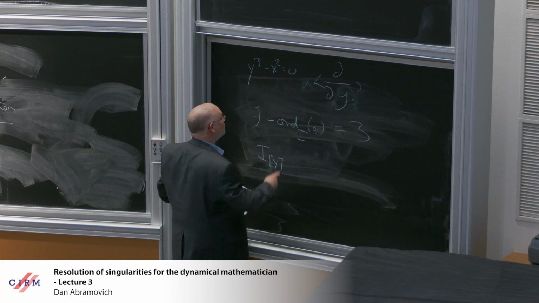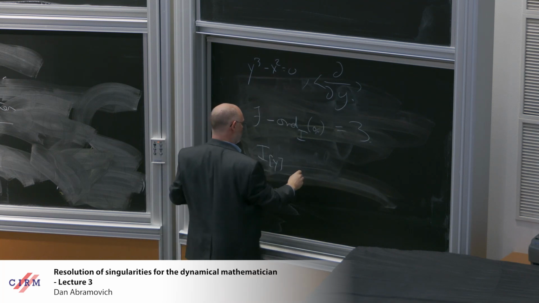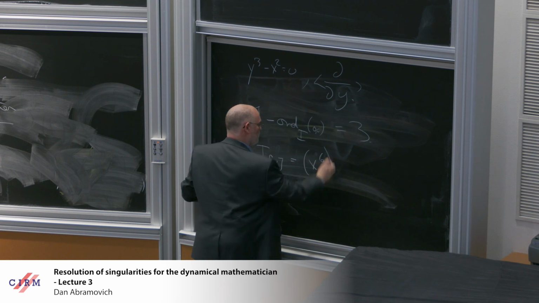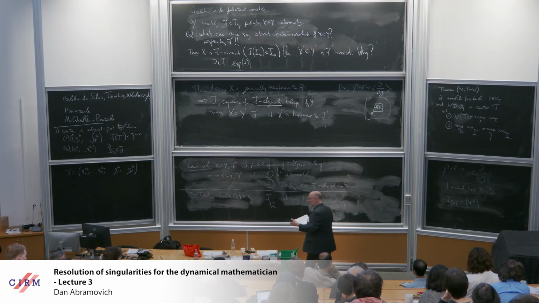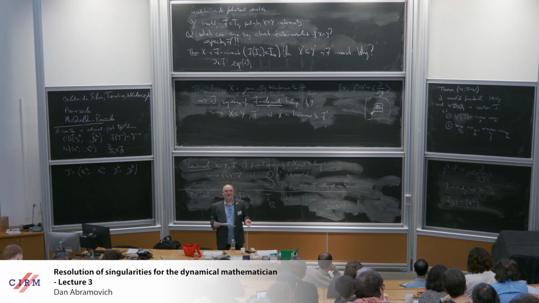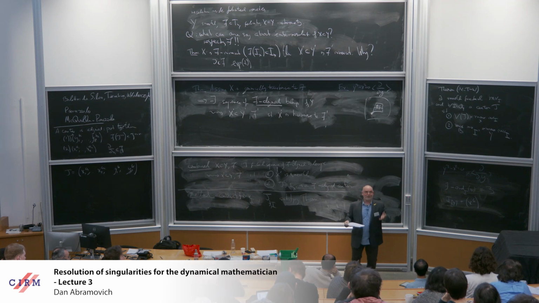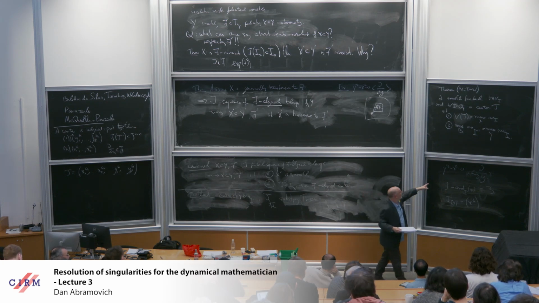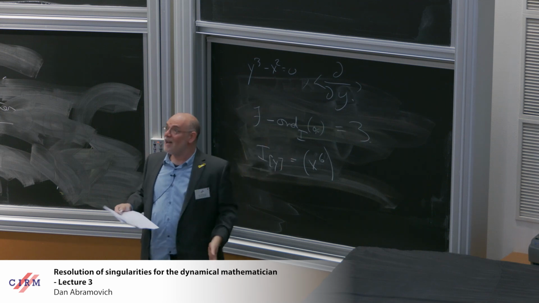And then you have to rescale it to order 6. Now, what is the restricted foliation? It's the trivial foliation by points, because d by dy is transverse to the variable y. So there's nothing left.